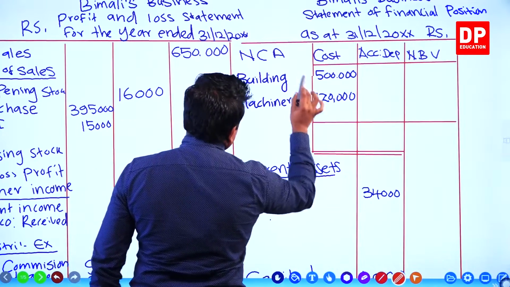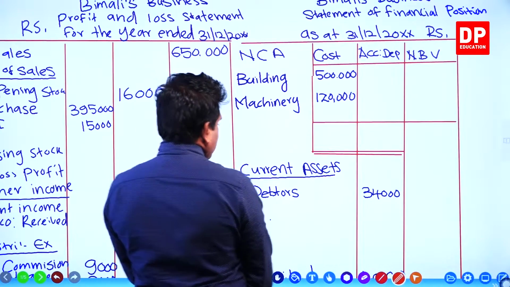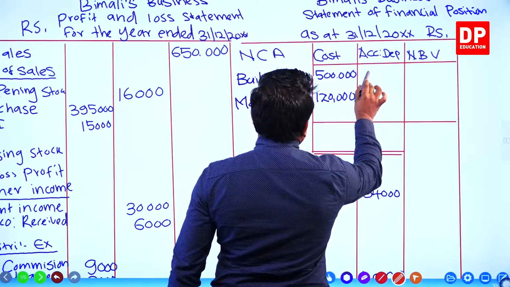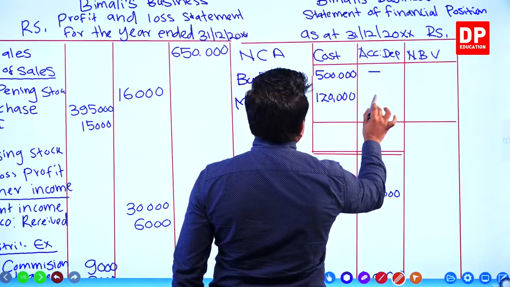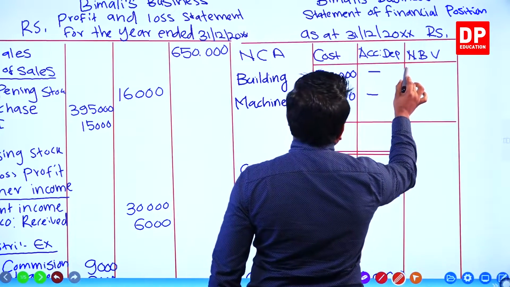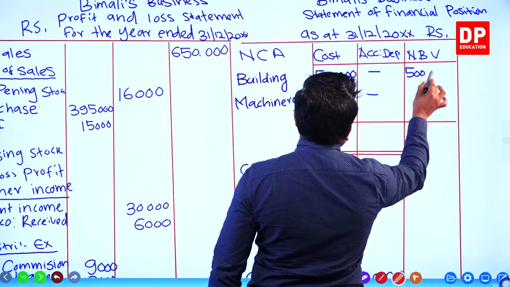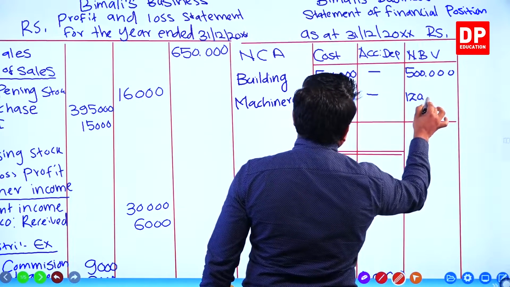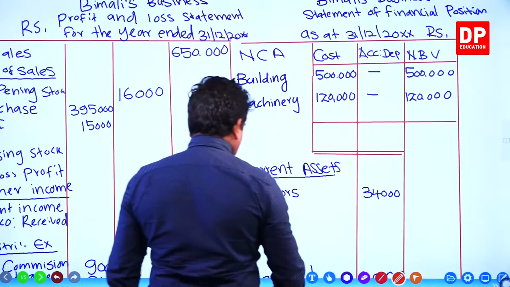No depreciation here. If they have given depreciation, we put it here, but here no depreciation. The same value you put. Net book value how much? 500,000 and 120,000. Okay. Now next.